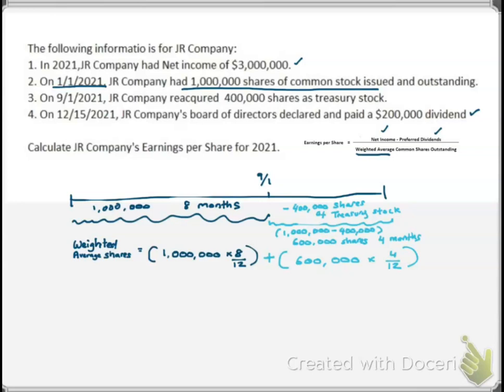When you simplify that, you get 666,667 plus 200,000, which is equal to 866,667 shares. Now that we have the weighted average shares outstanding, we can go ahead and calculate the earnings per share.